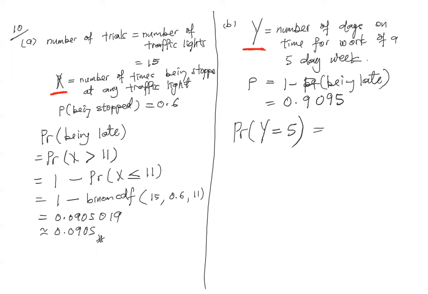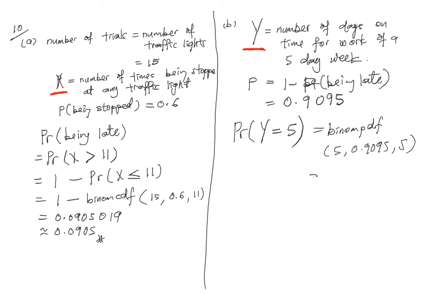So you got calculator, as long as you know how to interpret, correct? Calculation is all done by calculator. So this one you use binom PDF. Okay, 5, 0.9095, 5.